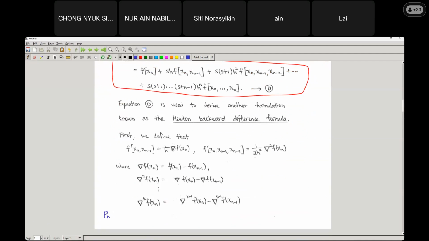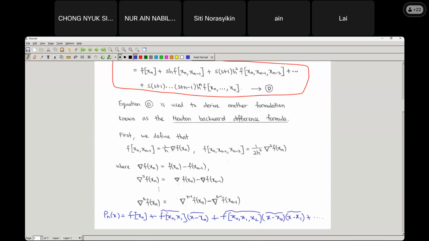So we know that our Pn(x) is actually f(x0) plus f[x0, x1] times (x minus x0), plus f[x0, x1, x2] times (x minus x0) times (x minus x1), plus and so on. What we're going to do is replace this one, and it's the same thing for the backward.